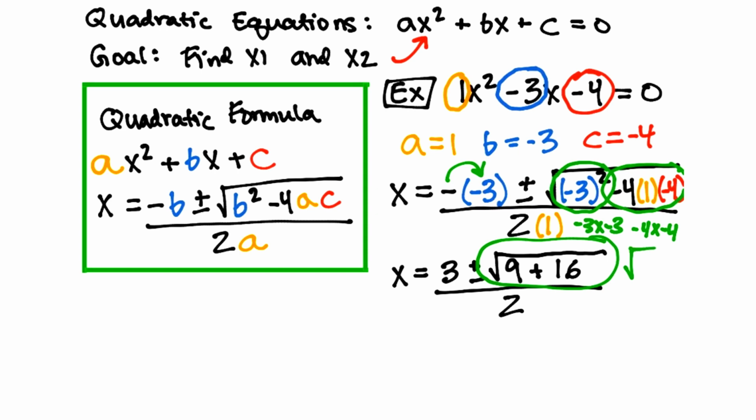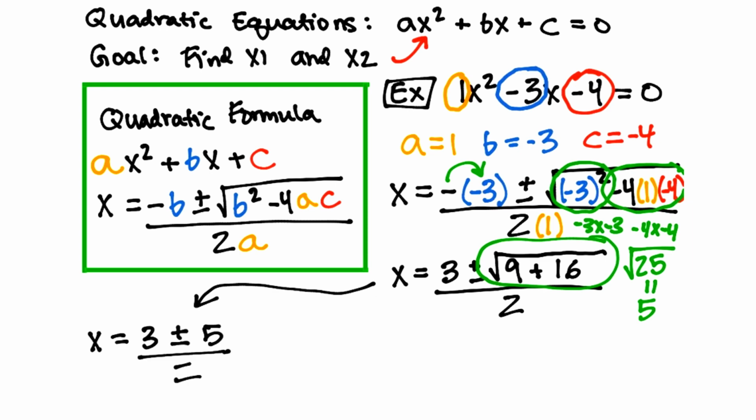Now the square root is the square root of 9 plus 16, which is 25, and that is equal to 5. So I'm going to take this over here. Now we have x equals 3 plus or minus 5 divided by 2. As we talked about before, now we can spread out the plus and minus.